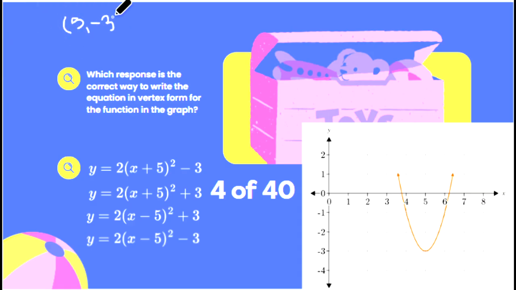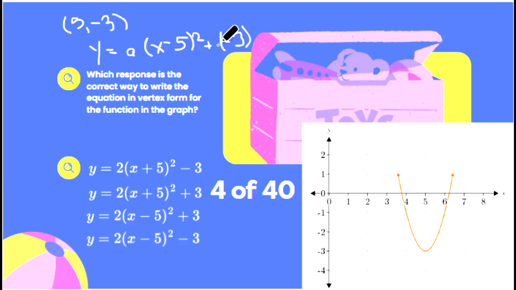The vertex formula is y equals a times x minus h, where h in this case is 5, squared, plus k, where k in this case is negative 3. So this plus becomes just subtract 3.